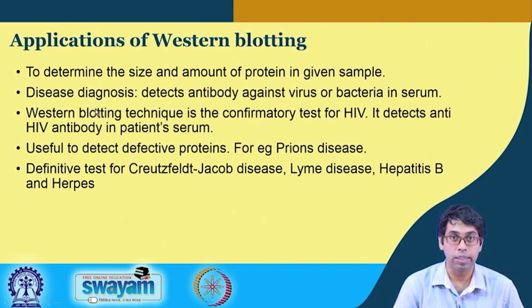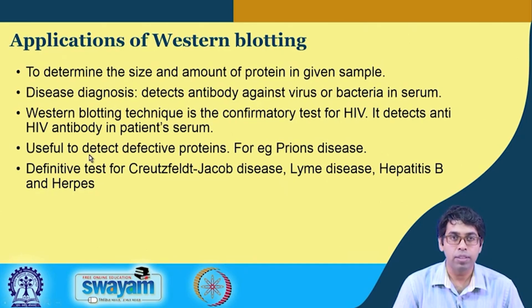It can be used to diagnose several diseases. For example, we can use antibodies to detect whether a particular protein is present or not, and that protein might come from a bacteria or a virus. It can also be used to confirm diseases like HIV, because anti-HIV antibodies are used against patients' serum to detect the antigens.